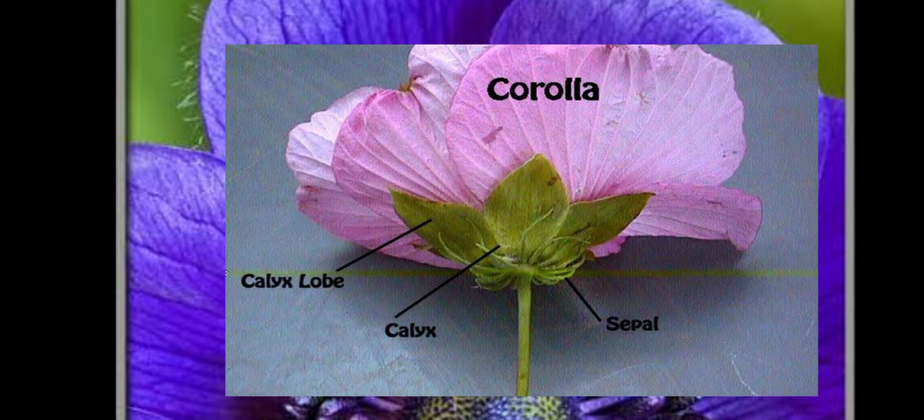Next we have corolla, the brightly colored flower portion, also known as petals.